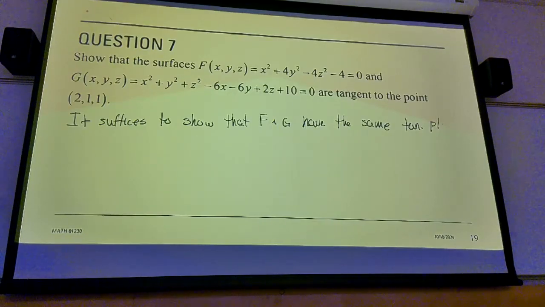So to show that these two surfaces are tangent at the point, it suffices to show that they have the same tangent plane at the point. Which means that your normal vectors are parallel.